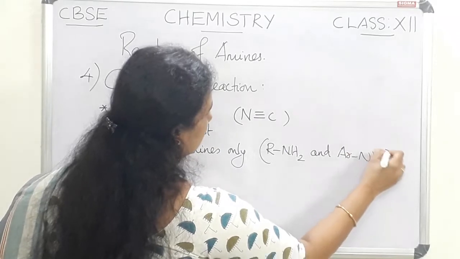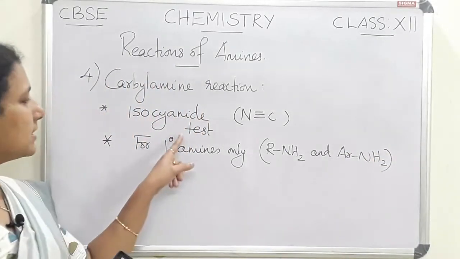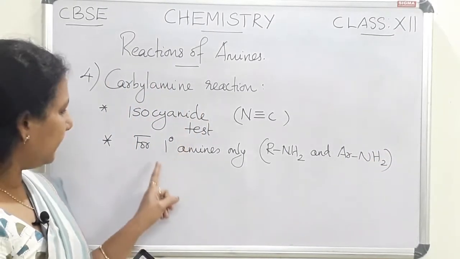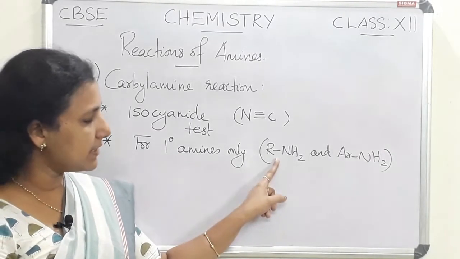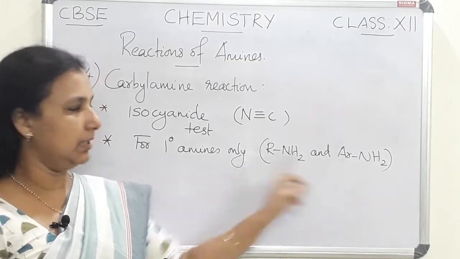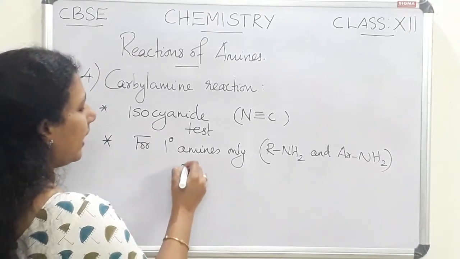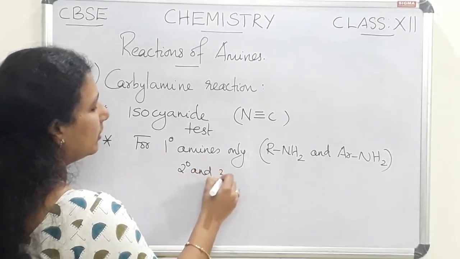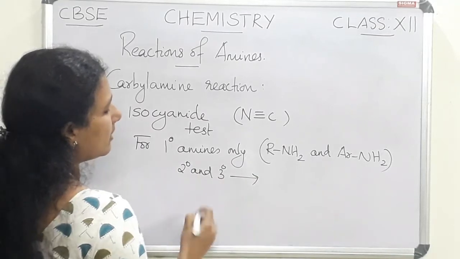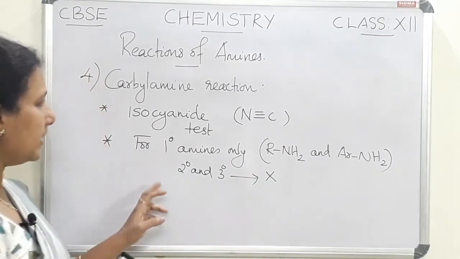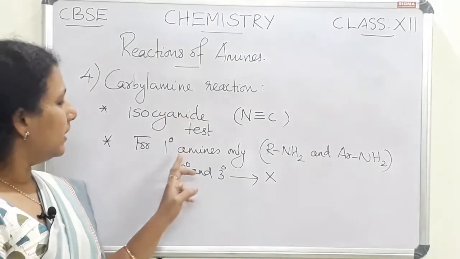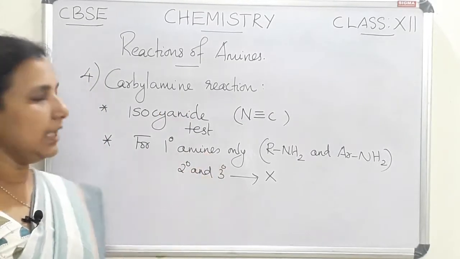So this test can be used to identify primary amines, whether aliphatic or aromatic. That means secondary and tertiary amines will not react in this case. The carbylamine reaction is only for primary amines.